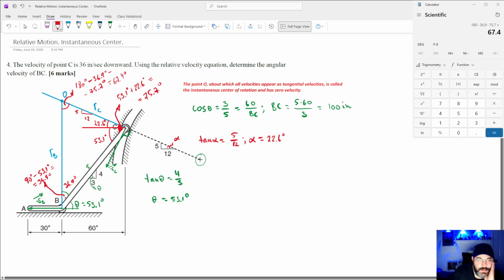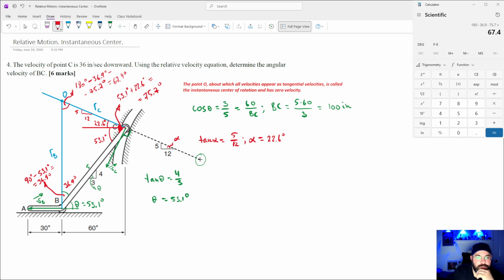Okay, so we actually have this triangle set. We have the side, which is 100 inches, and we have all angles known inside this triangle. So we can calculate everything else. Why do we need to calculate those radiuses? Because those are tangential velocities, right?